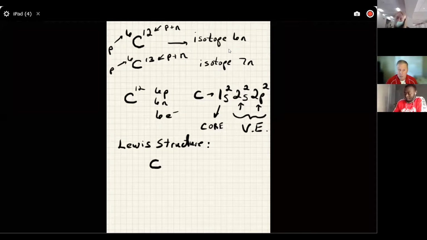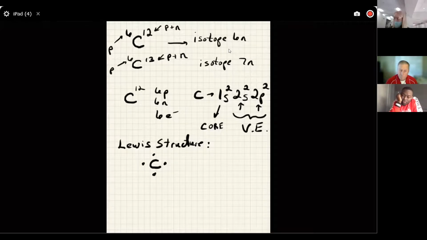There's 4 valence electrons. So we're going to put an electron here in the north hemisphere, an electron here to the east, and an electron here to the south, and an electron here to the west. So there are 4 valence electrons in that structure.